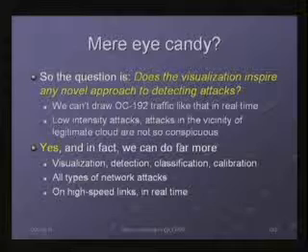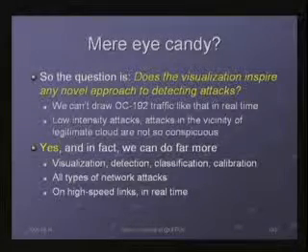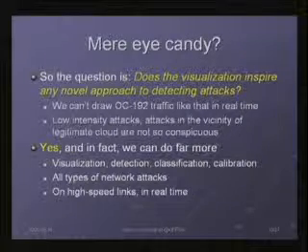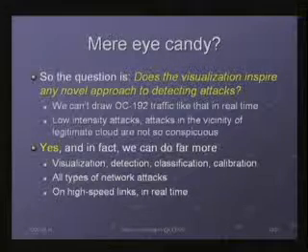The second and more fundamental problem is that it can hide some low intensity attacks, and the attacks in close proximity of the legitimate traffic cloud. If it is hiding there, then you cannot see it.